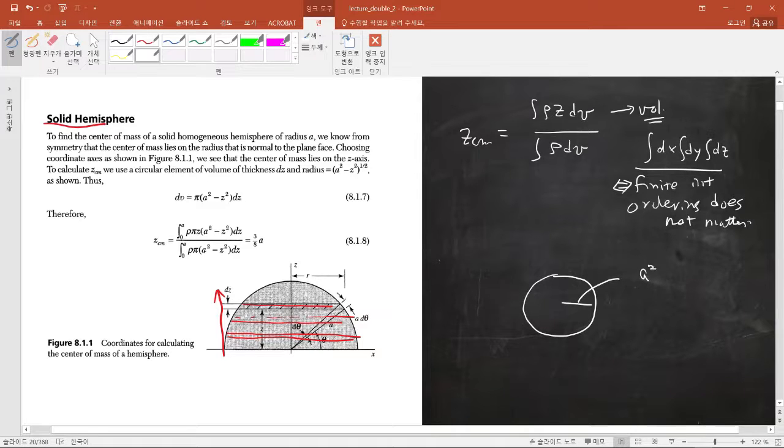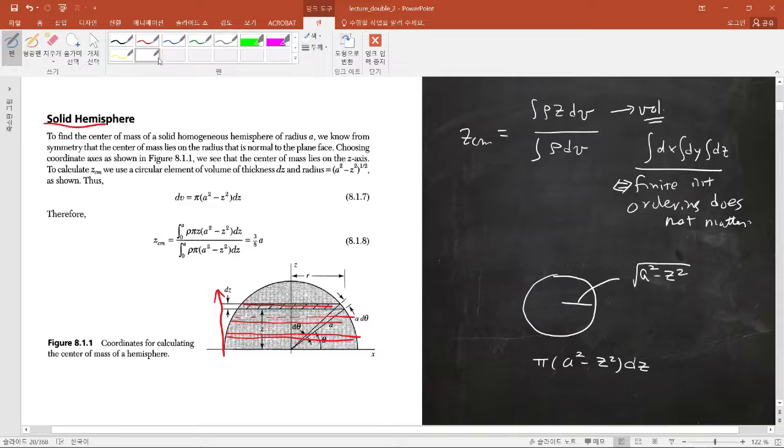a squared minus z squared using the Pythagorean rule, because this is z, this is a. So the cross section of this has a radius here, so it has an area of pi times (a squared minus z squared), okay, and then you have dz here.